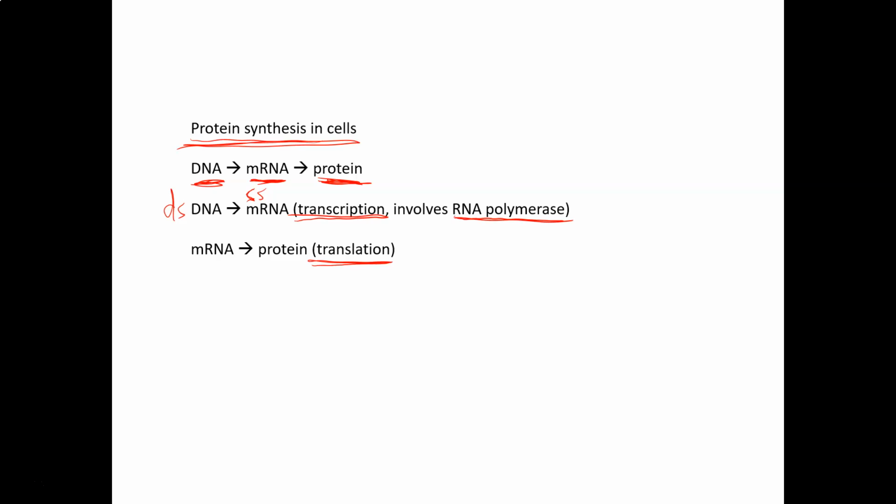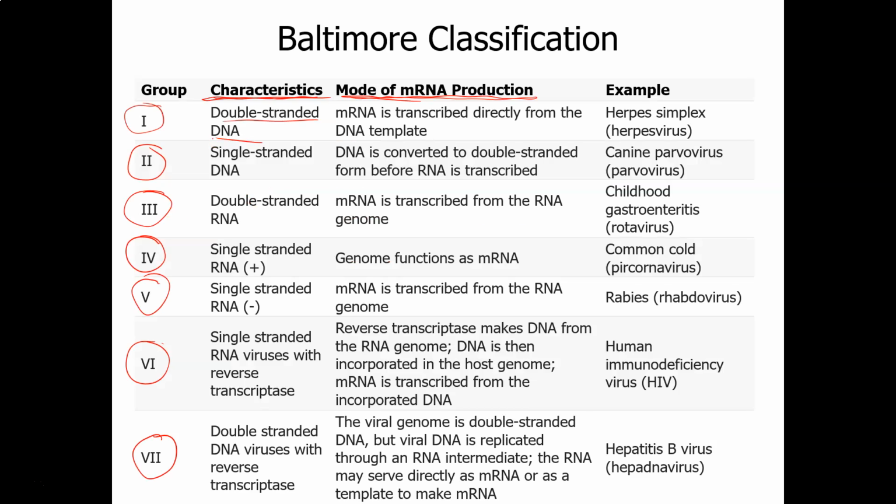Going back to this page, DNA undergoes transcription, producing messenger RNA, and then messenger RNA undergoes translation, producing a protein. So no changes needed, and the herpes simplex virus is an example. That can cause fever blisters or genital herpes.